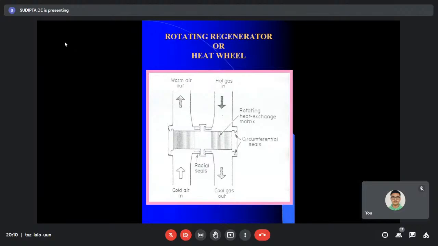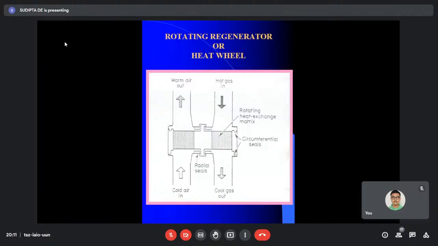But this is the regenerative heat exchange process. What does regeneration mean? Regeneration means whatever heat you use, the cold gas will not simultaneously flow through the same channel. There will obviously be a cyclic process of heat receiving and then heat discharge by the so-called matrix.